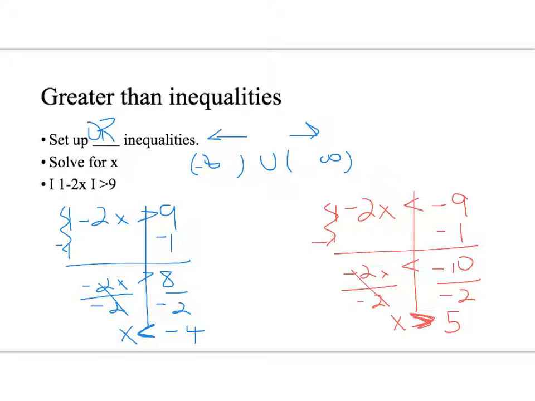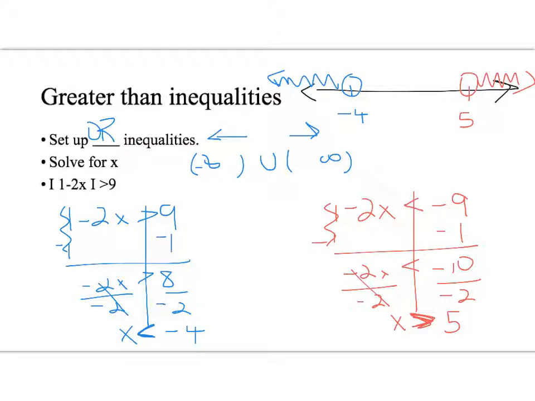So when we go to graph this on the number line, we still have negative 4 and 5. Negative 4 is over here with an open circle, but this time it's pointing to the left. 5 would be over here with an open circle, and this time it's pointing to the right. So this does look like an or. The arrows are pointing away from each other.